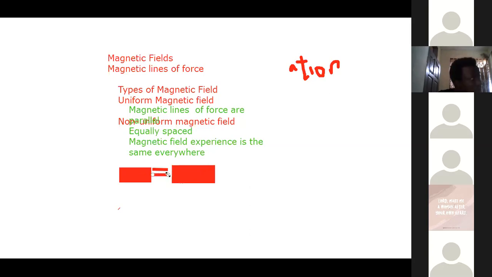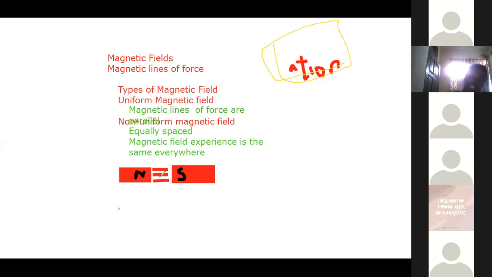Equally spaced. So let's see, here is north and here is south.